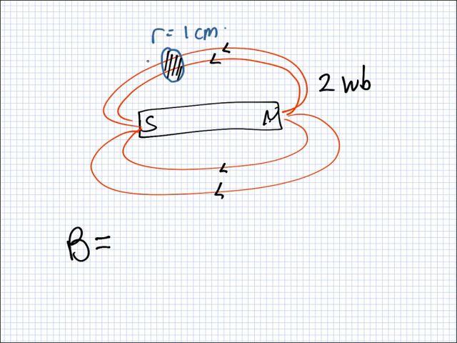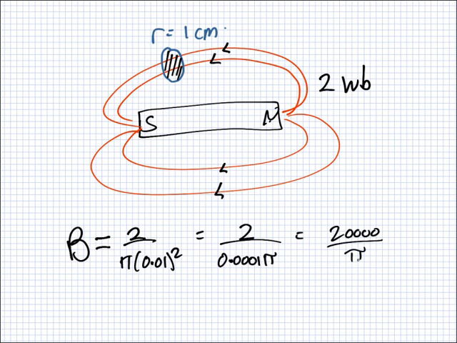And B equals just 2 over pi r squared. So that is 2 over 0.0001 pi, so that is 20000 over pi.